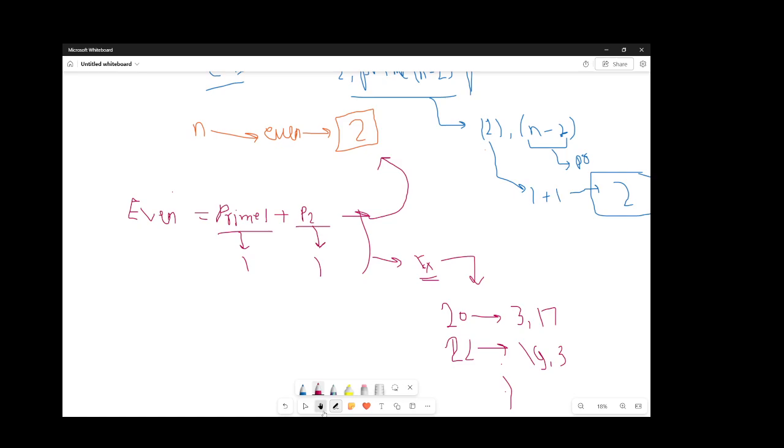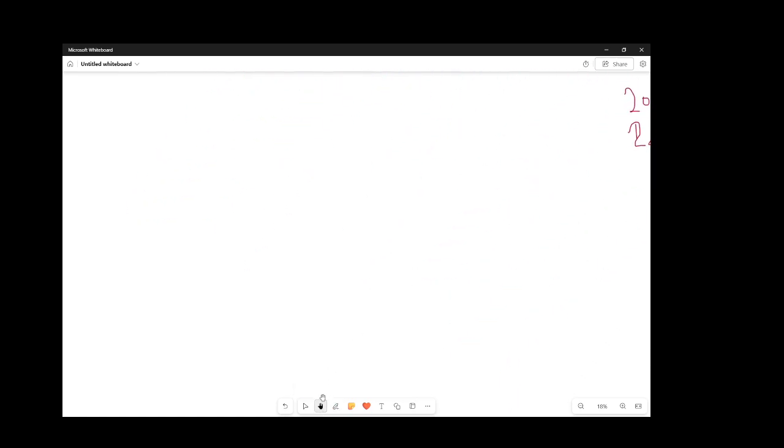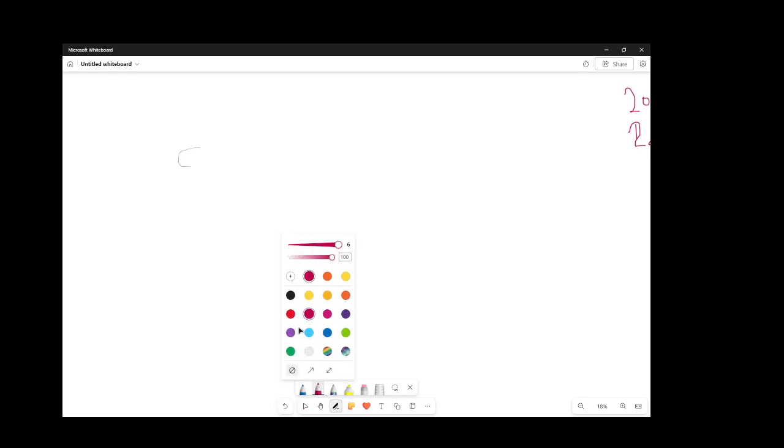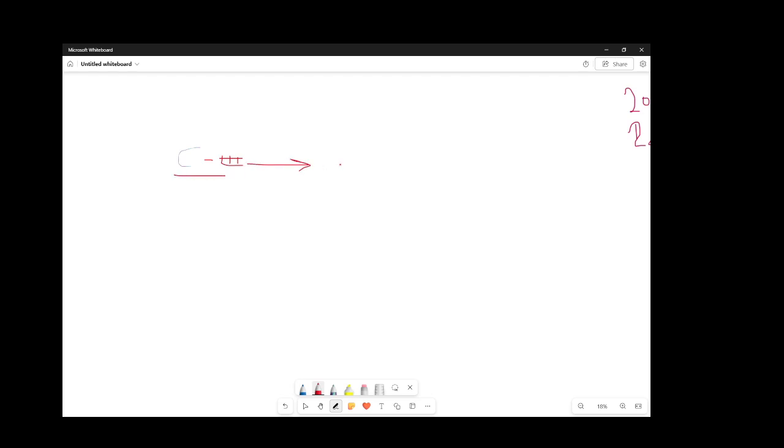And the only case that is remaining here is case number 3. Case number 3 means n belongs to odd.